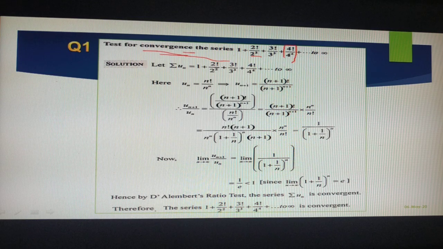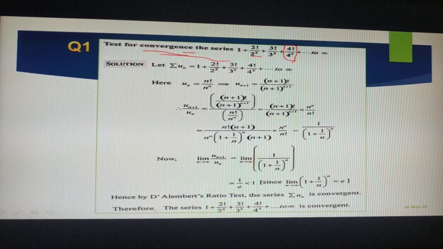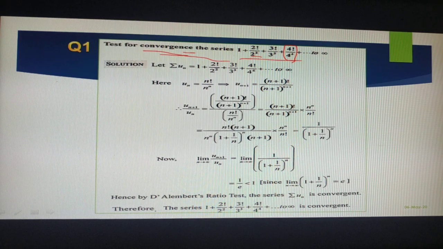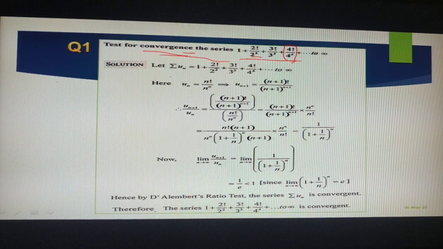If you see here in this other series, we don't have all terms as powers. In the numerator, we have some factorials. So this series is not suitable to test with the help of Cauchy's nth root test. Definitely we have to approach some other test. Here we are approaching the D'Alembert ratio test.